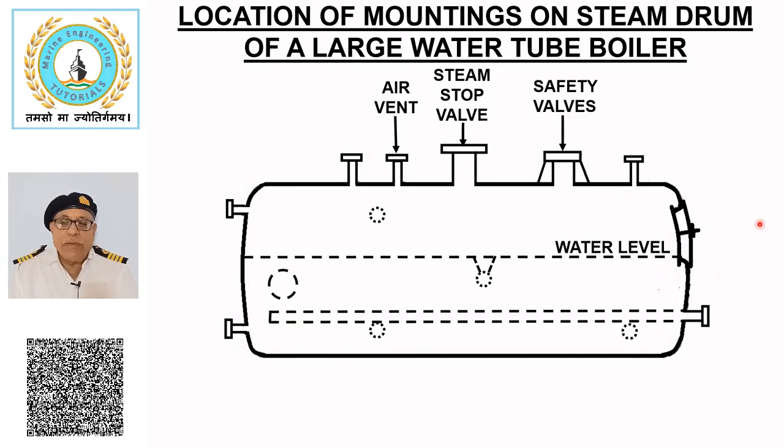Its purpose is to remove air from the boiler when filling the water and raising steam. Air vent is opened while cooling down the boiler to prevent formation of vacuum inside the drum. Superheater is also equipped with an air vent whose purpose is to ensure a flow of steam through the superheater while raising steam after the shutdown.